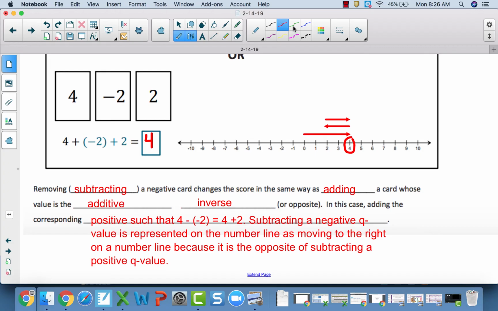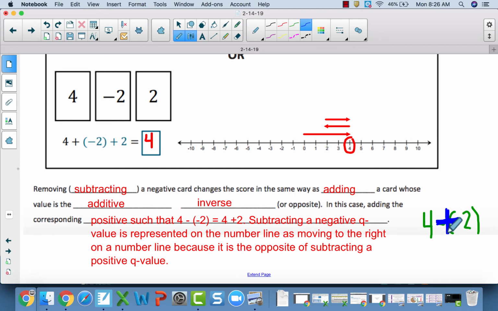If I have 4 minus negative 2, I just combine those two negatives back to back and make a giant plus. And I just make this 4 plus 2.